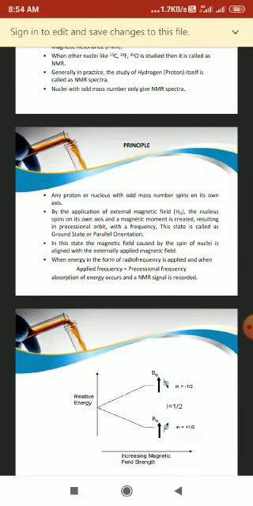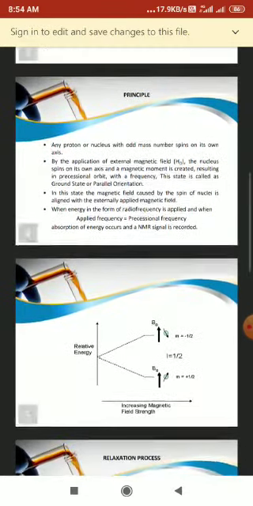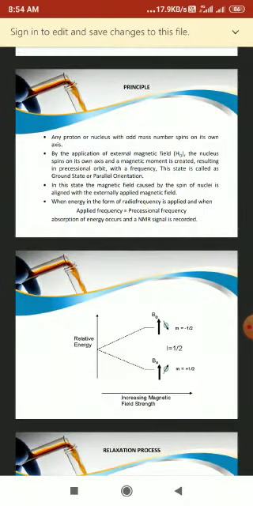Because of the absorption of energy, the nucleus moves from ground state to excited state, which results in spin reversal or antiparallel orientation, in which the magnetic field caused by the spin of nucleus opposes, meaning aligned against, the externally applied magnetic field. When the application of radio frequency energy is stopped, the nucleus returns to ground state or parallel orientation.